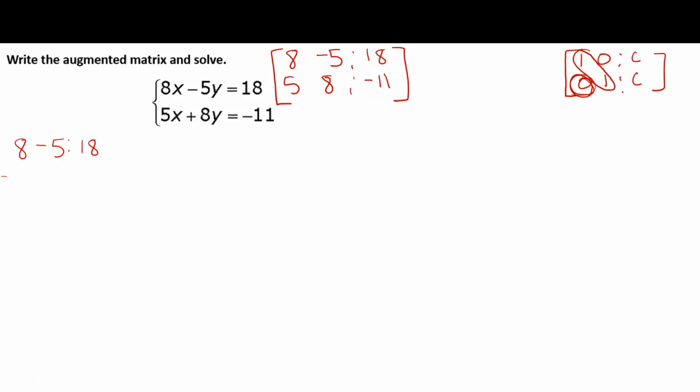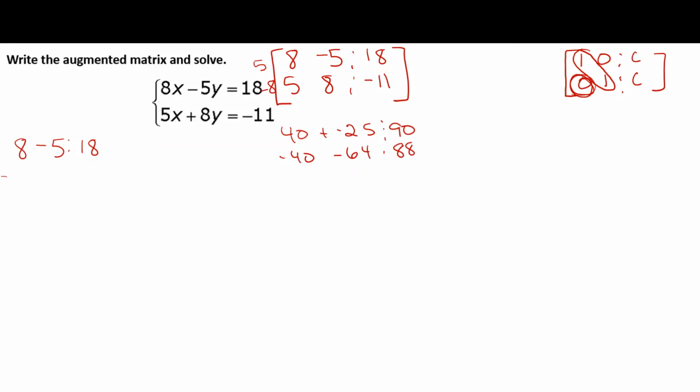So it's not very helpful for me to just add straight right now, but if I multiply this by a positive 5, let's say, and this by a negative 8, that's going to give me a new matrix of 40, negative 25, and 5 times 18 is 90, and then negative 8 times 5 is negative 40, negative 64, and a positive 88.